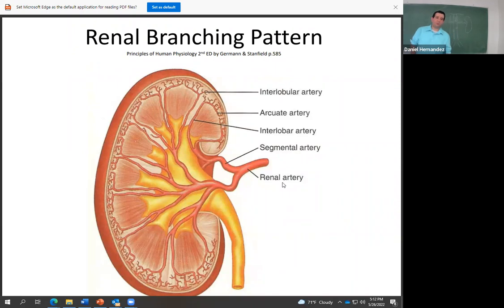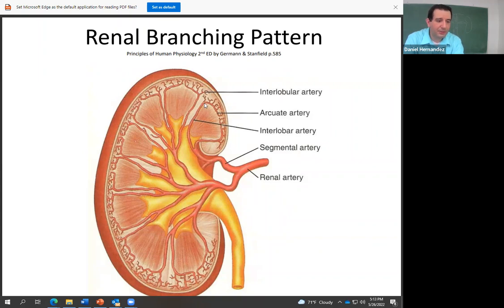So this diagram just shows some of the renal branching that we were mentioning before. The main renal artery branches into the segmental arteries. The segmentals then branch further into these interlobar arteries.